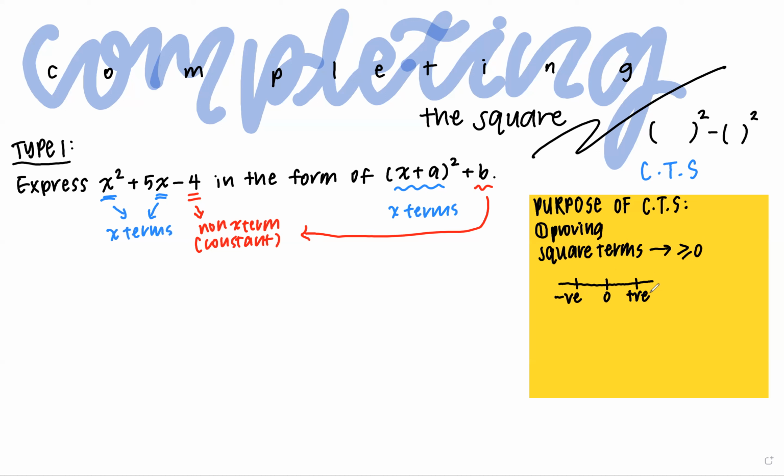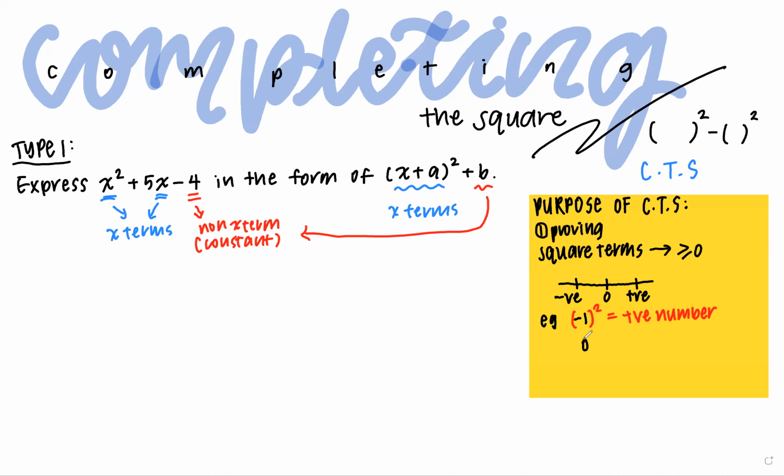Now, guys, can you give me an example of a negative number? Okay, example, like negative 1. When I take negative 1 and square it, what happens at the end of the day? It gives you a positive number. Now, let's say I have a 0.